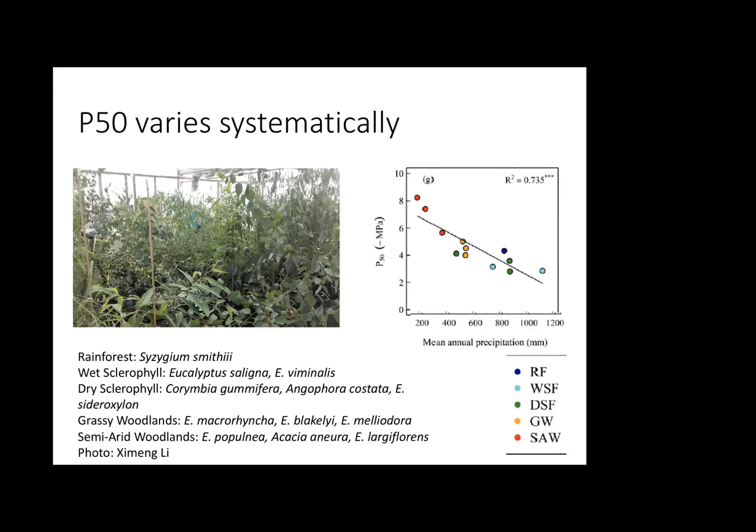He looked at 12 different species taken from a rainfall gradient across New South Wales, ranging through those different types of forests that I talked about at the start, from rainforest through to the semi-arid woodlands. And you can see that P50 really varies very closely with the mean annual precipitation of those ecosystems.